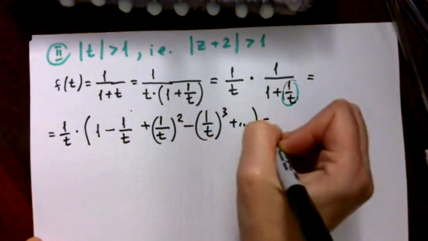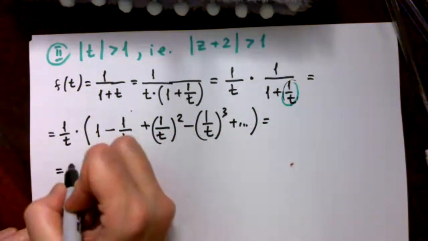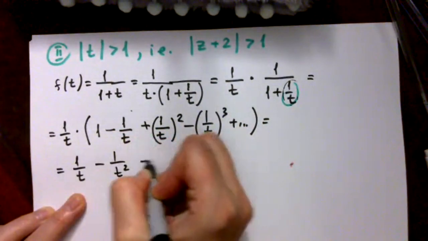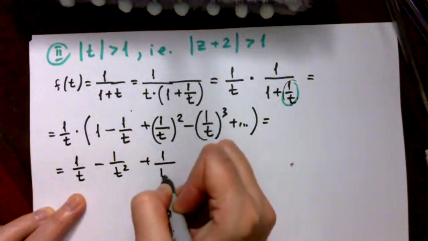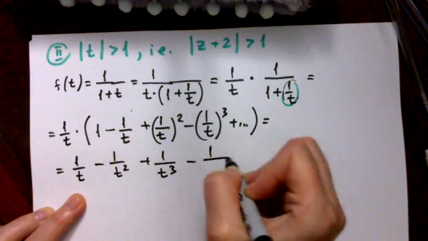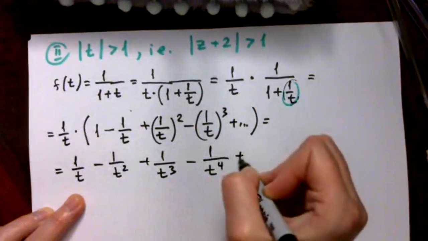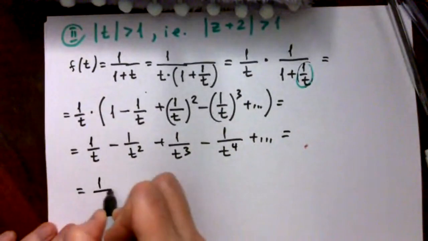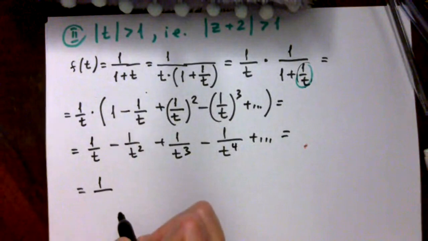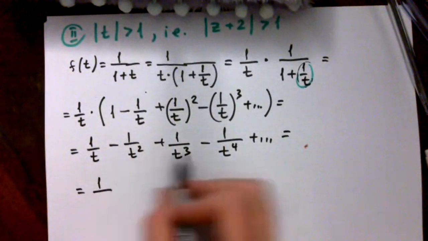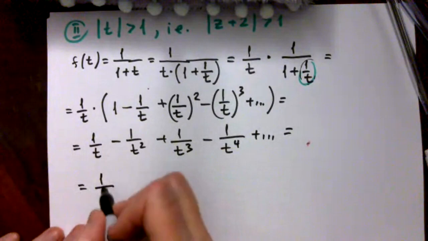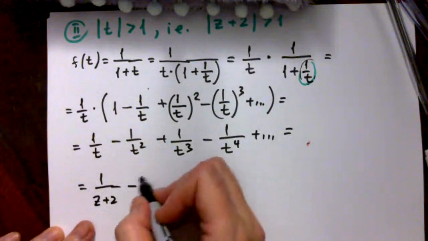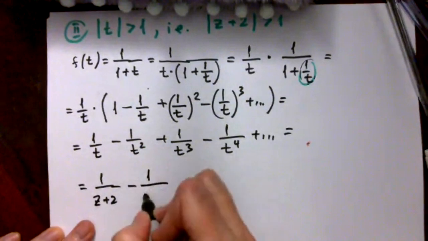Now we need to simplify this expression a little bit: 1 divided by t minus 1 divided by t squared plus 1 divided by t cubed minus 1 divided by t to the power 4, and that's enough. And again, we need to recall that it was all about z, not about t. t was a variable of our own invention. So instead of t, we need to make this substitution. We need to write z plus 2.